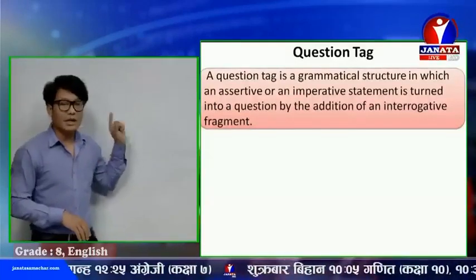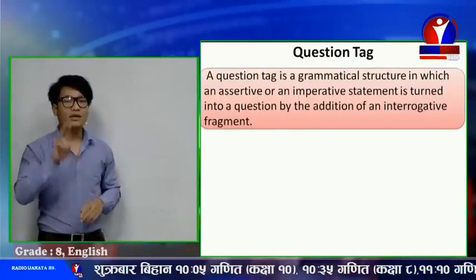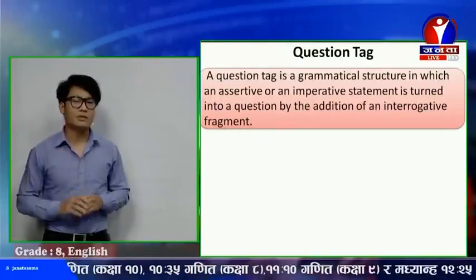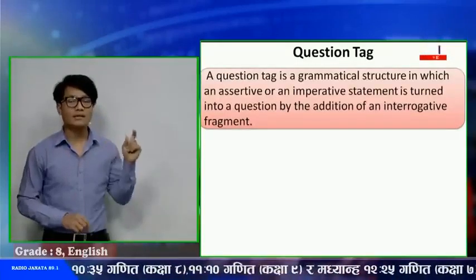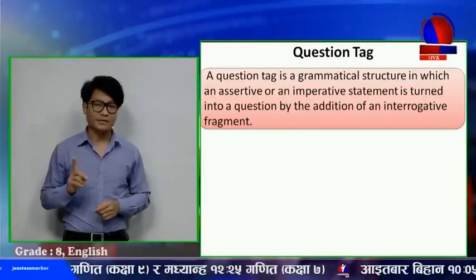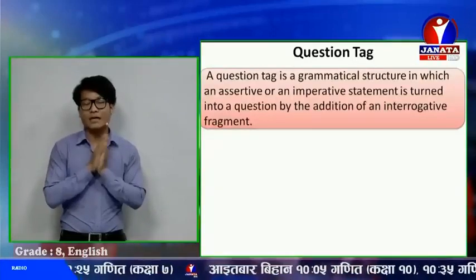So with this definition, what we can understand is that only two types of sentences can be used as a question tag. One is assertive sentence and the next is imperative sentence. So which sentence is called assertive and imperative?